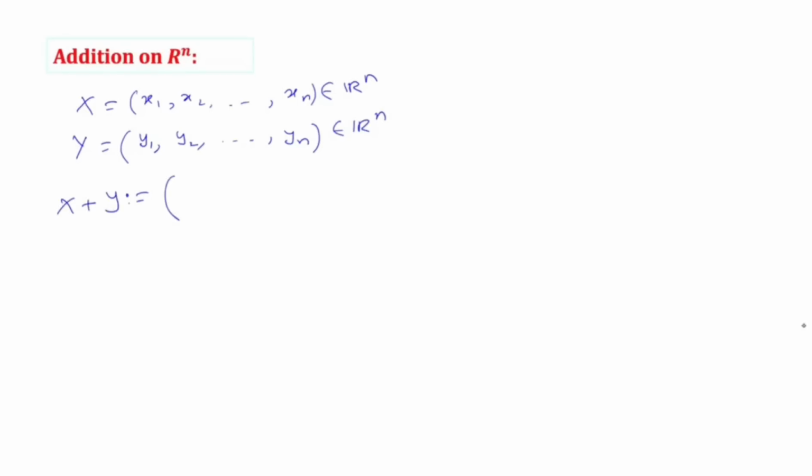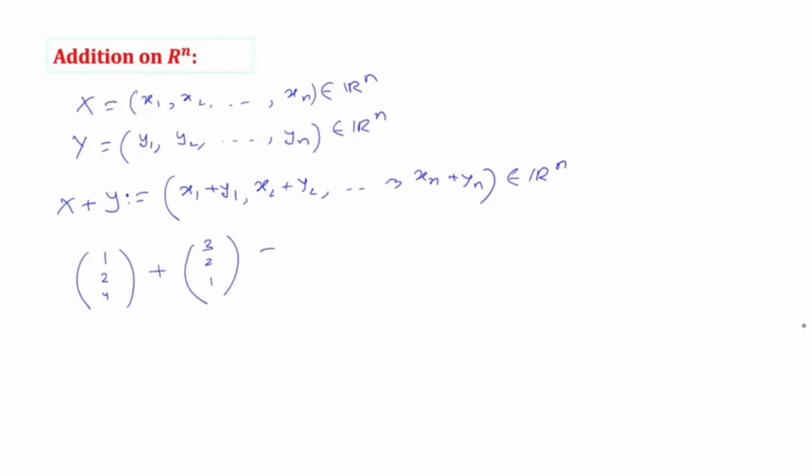Then the addition x plus y can be given as (x1 + y1, ...), meaning addition of the first entries, then addition of the second entries, and continue to the nth entries. Each entry you have to add with the similar position entries, then we can define the addition on Rn. And the addition also belongs to the set Rn.